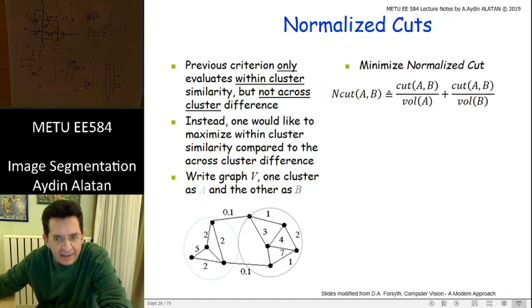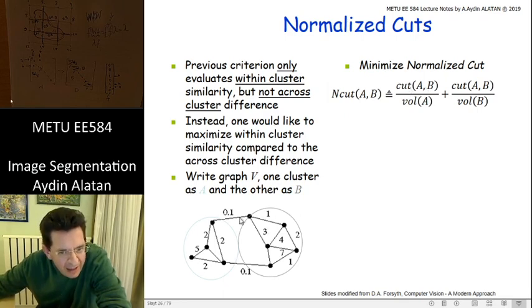Okay, and the idea here is we are basically calculating the cut, the similarity between A to B. Cut AB means this 0.1 and that 0.1.